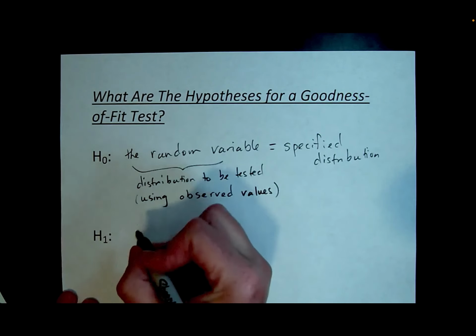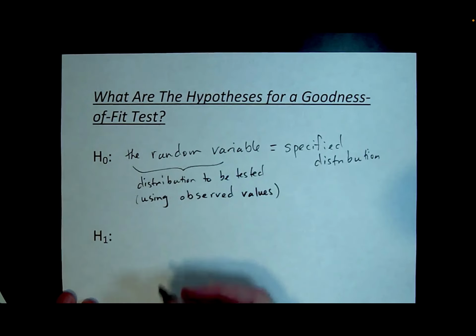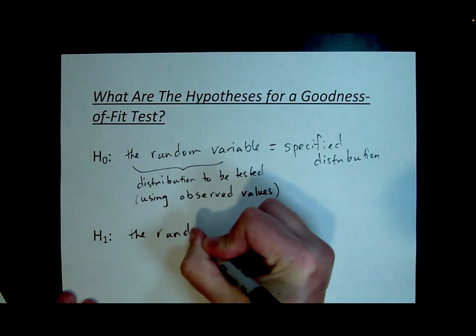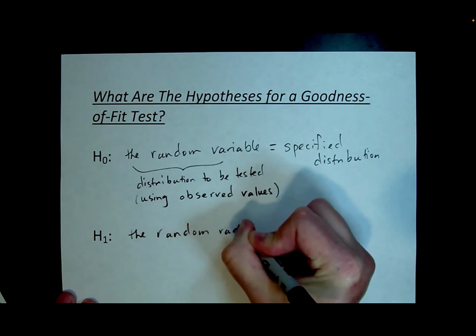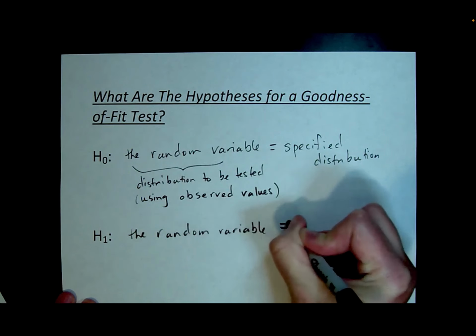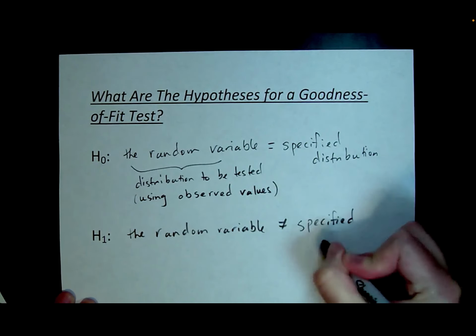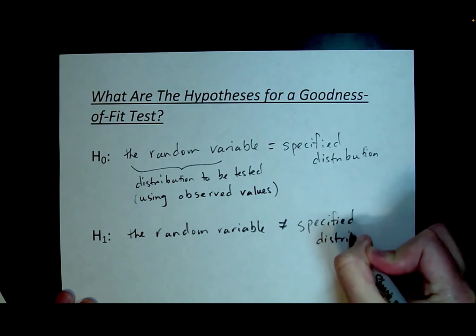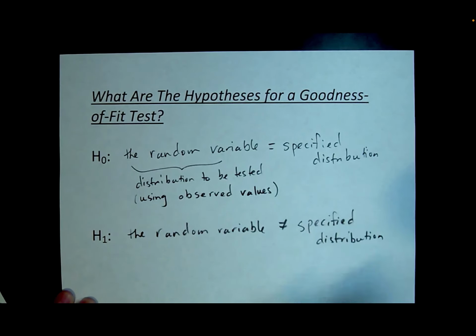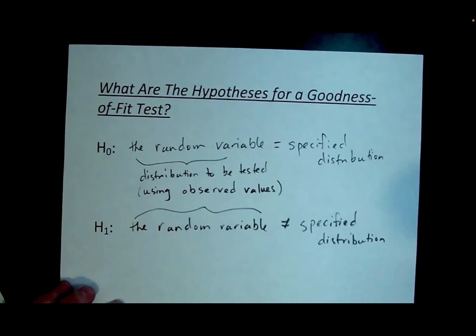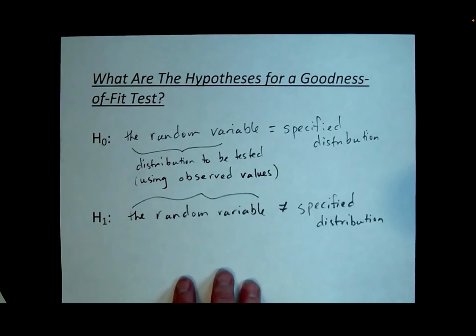So then H1, the alternate hypothesis, is going to be that the random variable is not the same as the specified distribution. Okay, and again, by random variable, I mean the distribution of the data that we've observed.